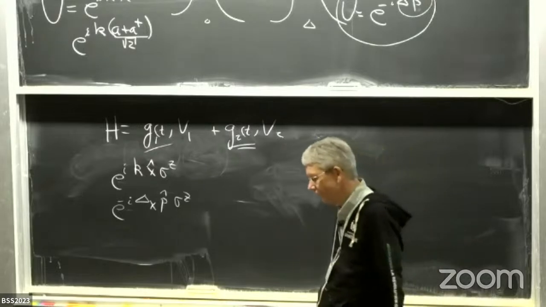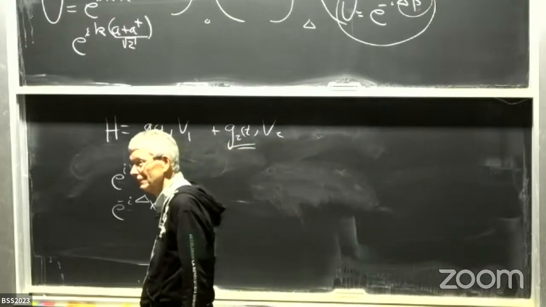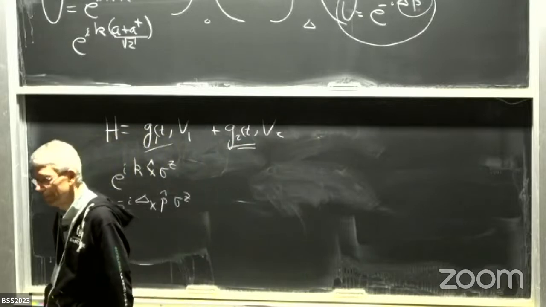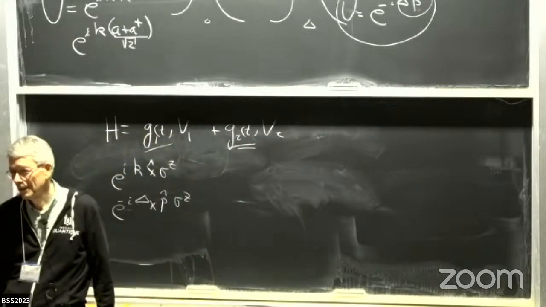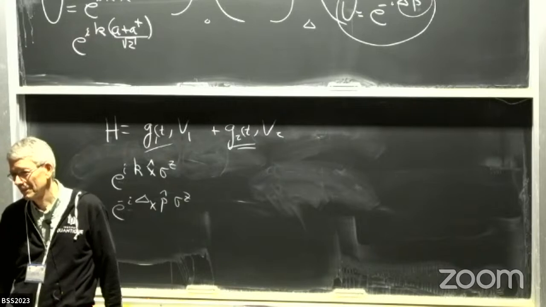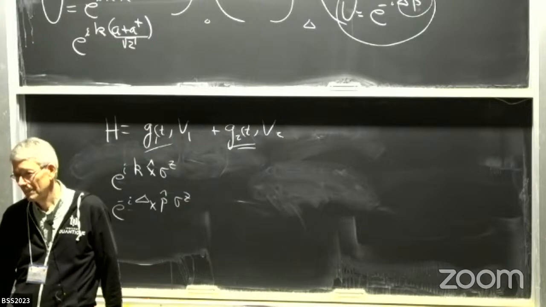Going back to boson sampling, I would have thought an efficient way of doing it, rather than sending individual pulses, is to send something very broad, a broad pulse at all frequencies, and just see absorption of it.